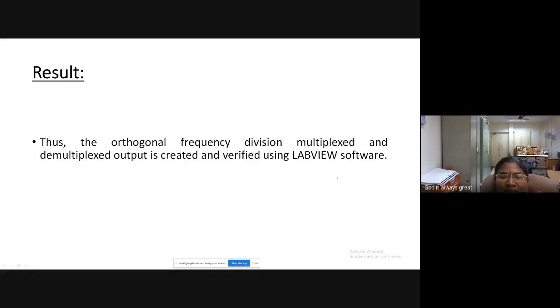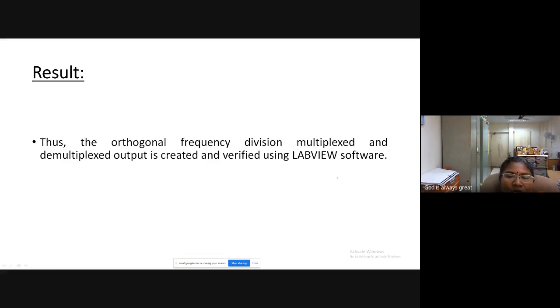But you can see there's always a difference between simulating the same OFDM in MATLAB and simulating OFDM in LabVIEW. LabVIEW gives a hardware perspective of viewing the same thing. MATLAB gives a view in terms of computer knowledge, like coding. The for loop, the if loop, the while loop, and functions will all be used while programming the same OFDM in MATLAB.